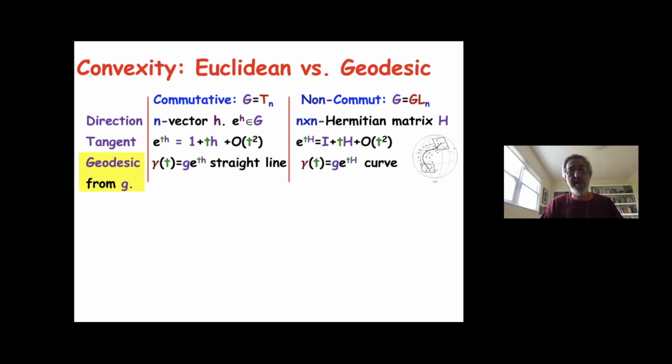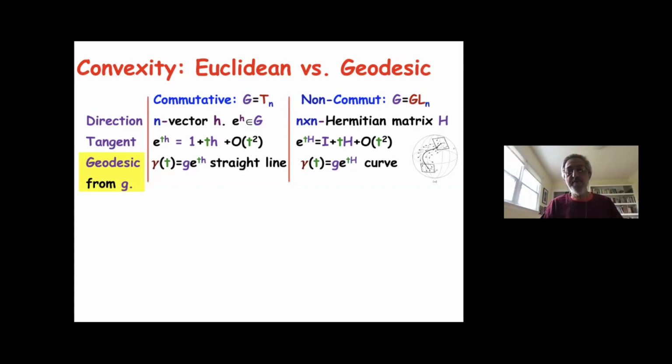So a geodesic from any point G is simply applying to G, moving it by an element close to the identity, multiplying by e to the th. So that's a geodesic in direction H from G, and you can continue it. In Euclidean space, you get a straight line.